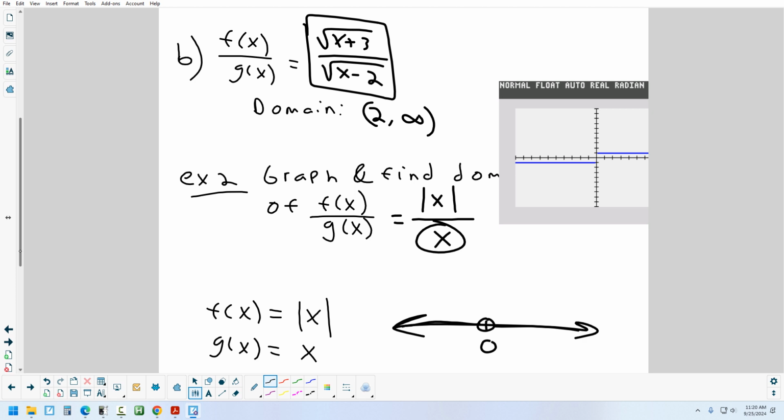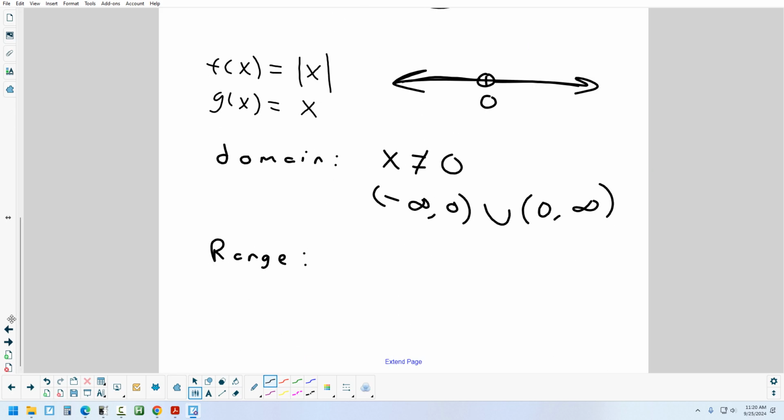Try -2. What's the absolute value of -2? 2. And what's 2 divided by -2? -1. So that's why this formula will only give you one of 2 answers, no matter what you type in: the number 1 or the number -1. So when those are the 2 numbers in the range, we just write them.